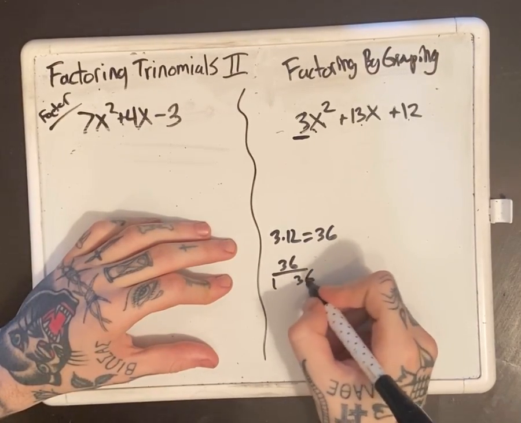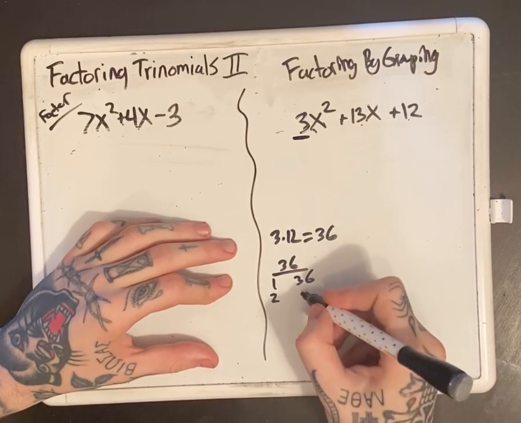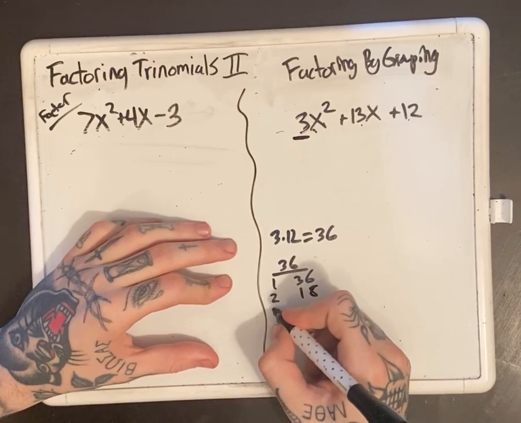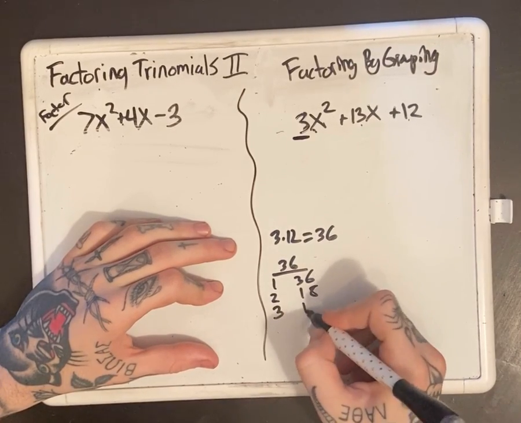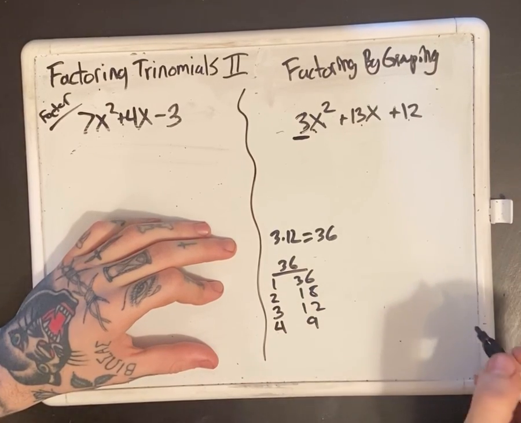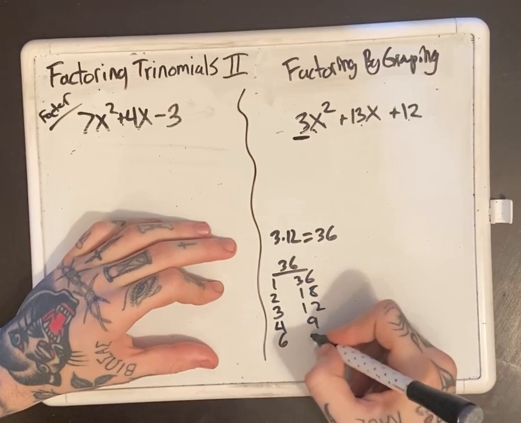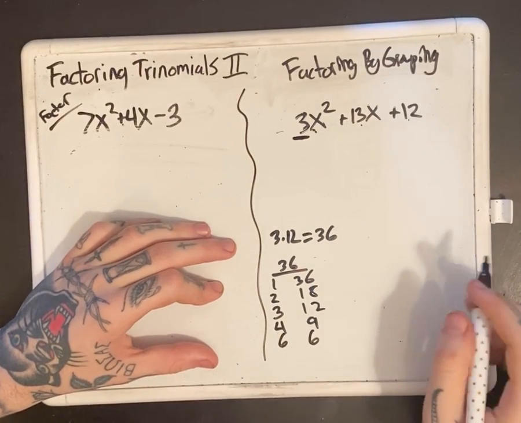So there's 1 and 36, 2 and 18, 3 and 12, and 4 and 9. And I believe that is it. Oh no, sorry, 6 and 6, obviously.